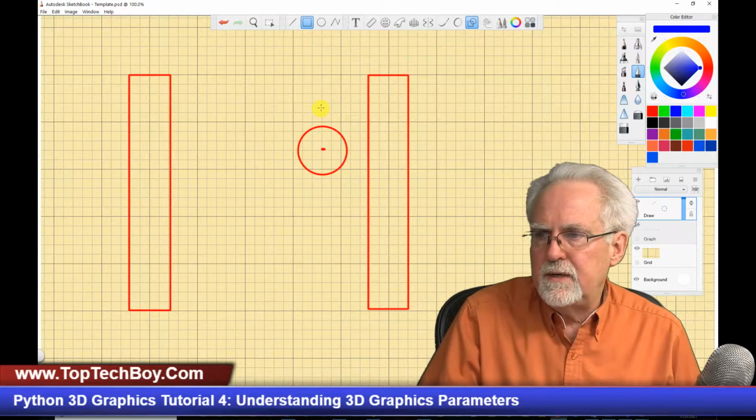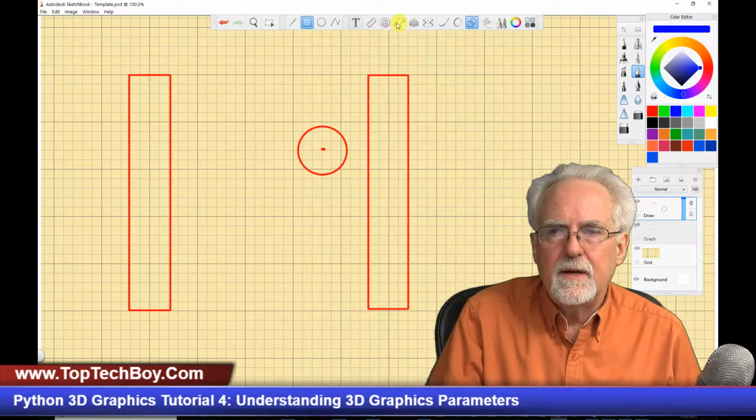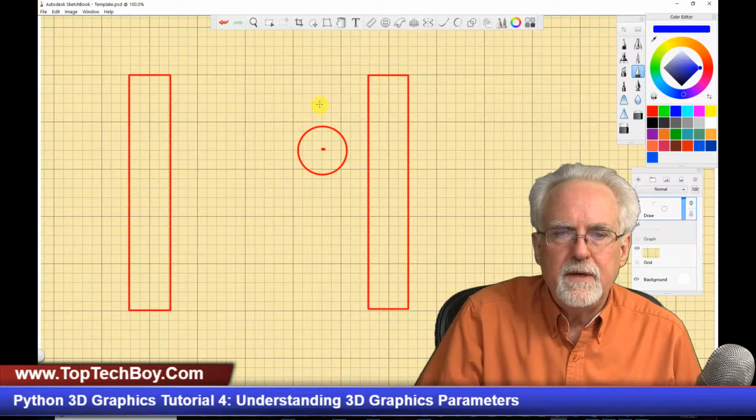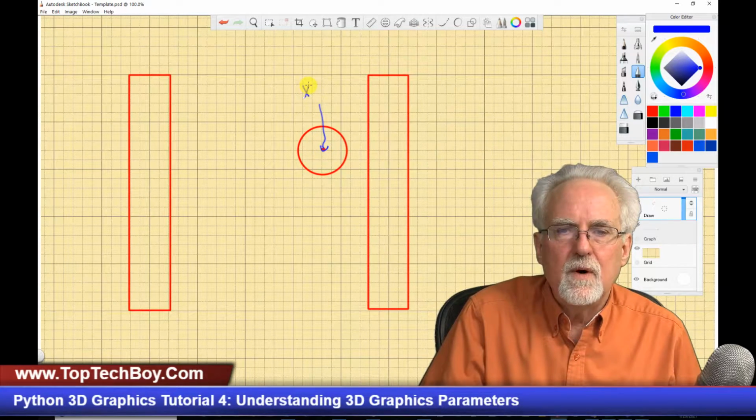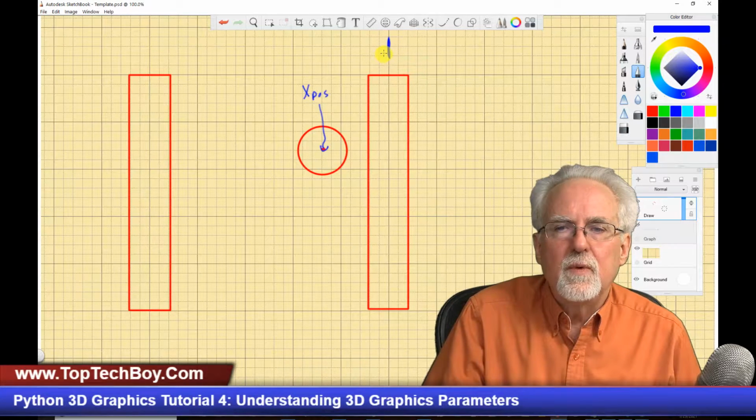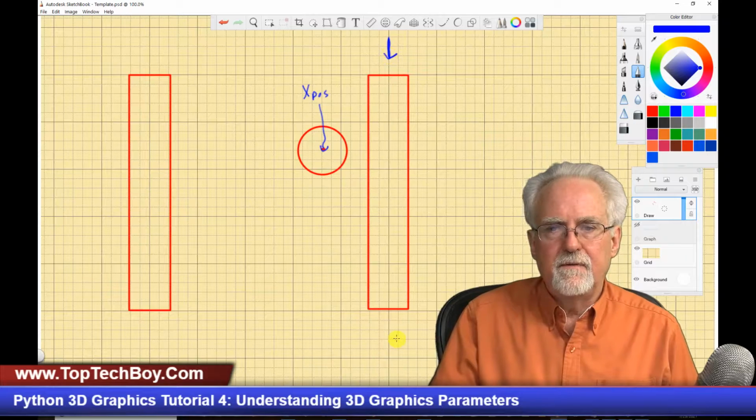Okay, so what we need to keep track of here, and I need to make sure that I go back to the pen. Okay, I think this should be the pen. We are tracking this right here, and what is that? That was X position. And then over here, this was the center of the wall, and that's what we were tracking, the center of the wall.